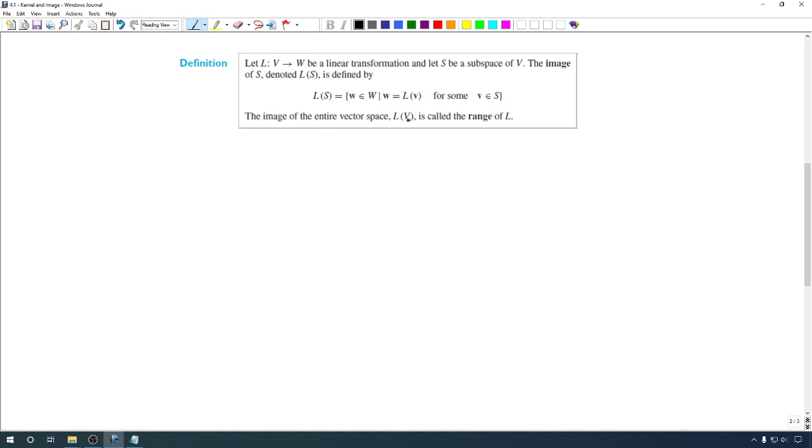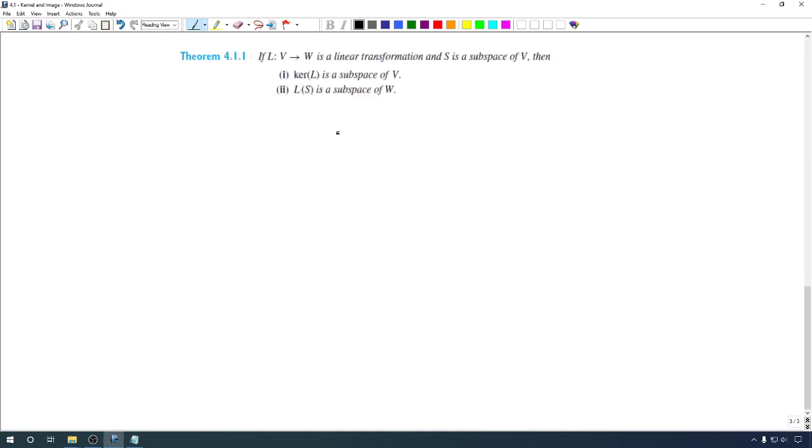If we take the entire vector space V as a subspace, every vector space is a subspace of itself, we can take the image of the entire vector space and we just call that the range of L. It's every vector in W that we can get out of this function. And it turns out the kernel of any linear transformation is always a subspace of our domain.